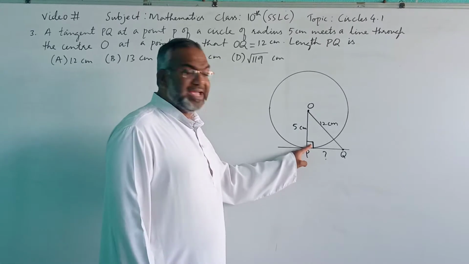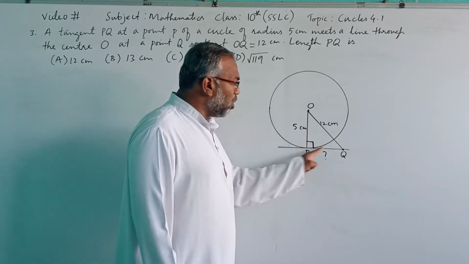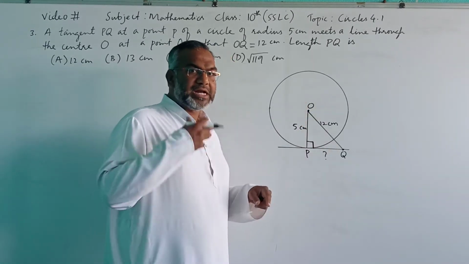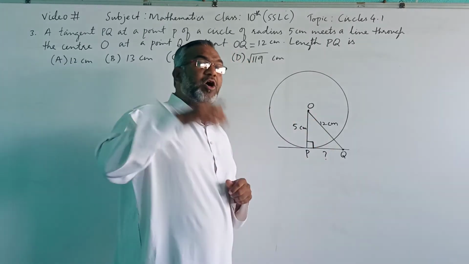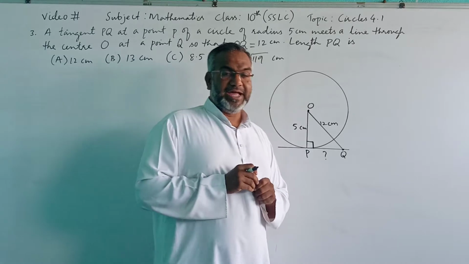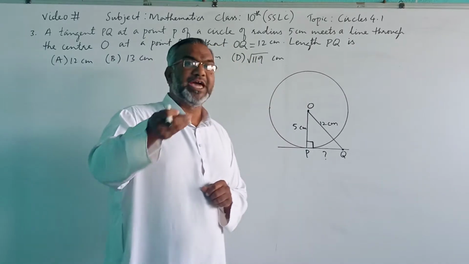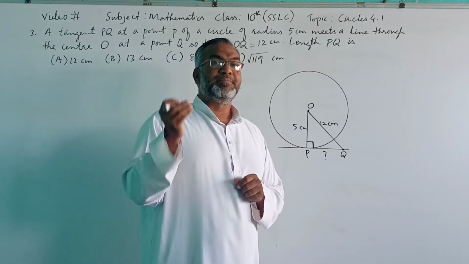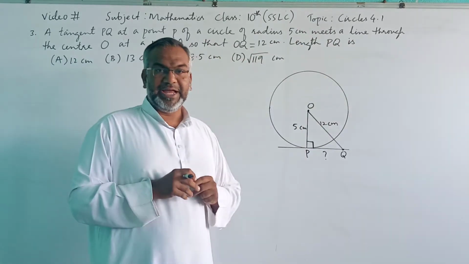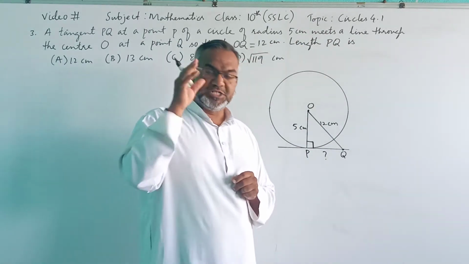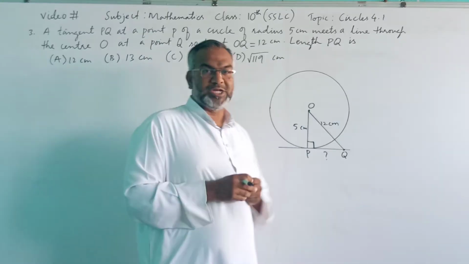This is 90 degrees according to the theorem, right? Now if this is 90 degrees, then triangle OPQ becomes a right triangle, and we all know that in a right triangle the Pythagoras theorem can be applied. In my earlier videos I have already explained the Pythagoras theorem, its proof, and we also solved some questions, right?